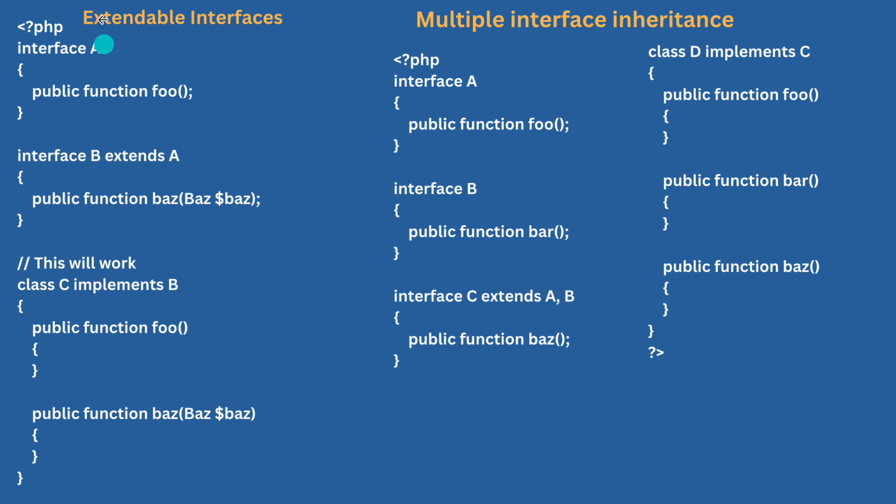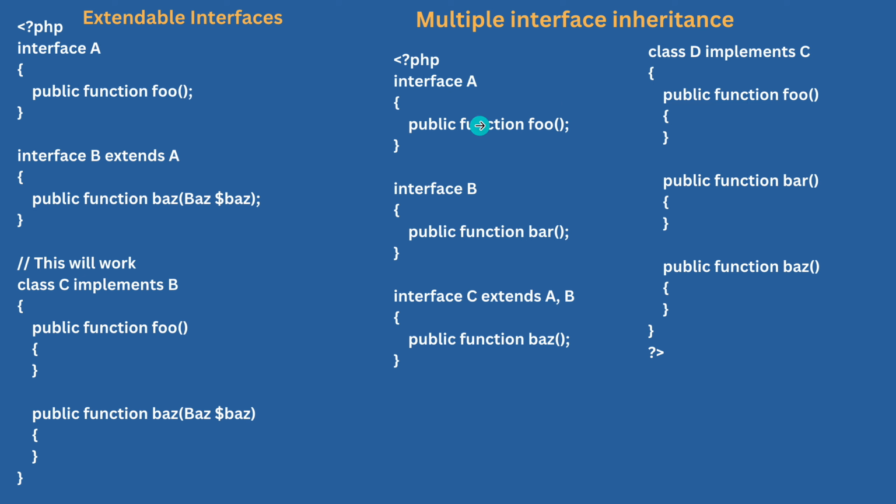So interfaces are extendable. If you create a class C implementing B, you have to define both the methods in this class. This one is clear now.